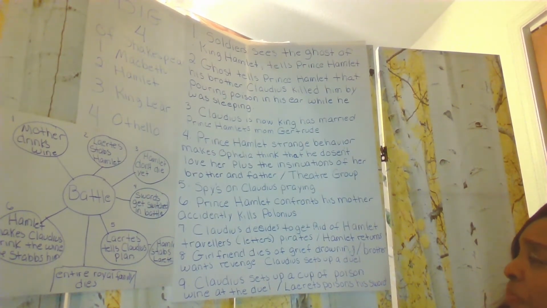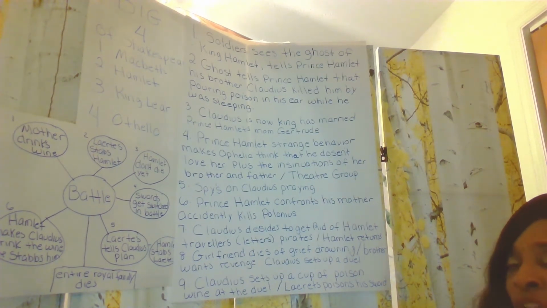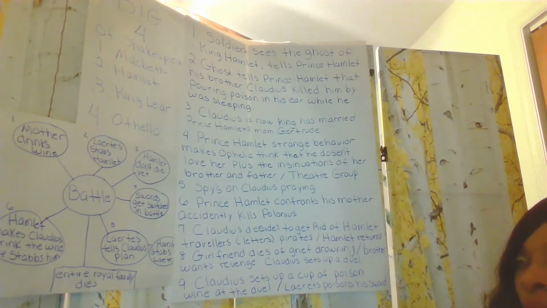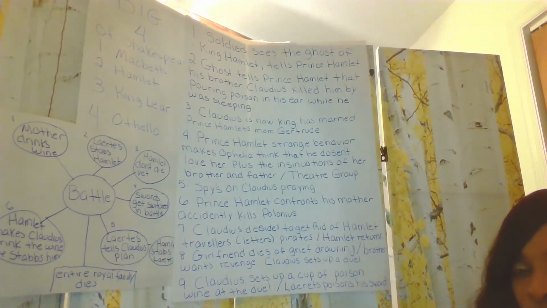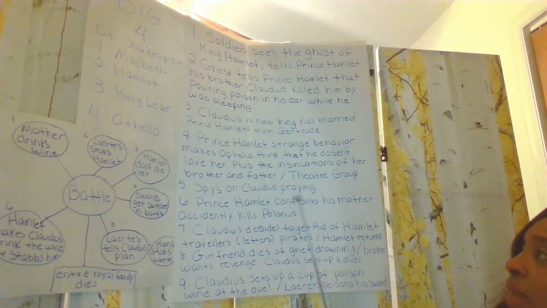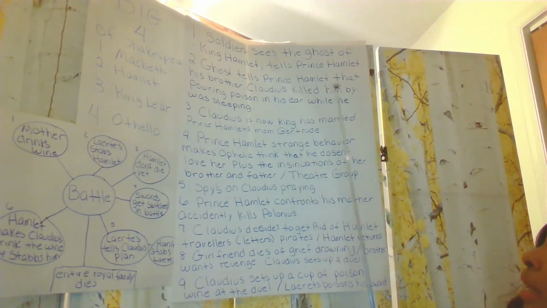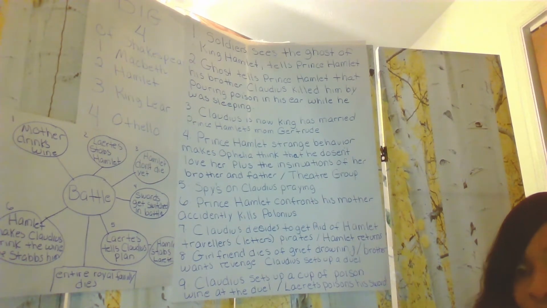And Prince Hamlet watches the reaction of Claudius, and Claudius is, of course, upset, and he reacts to that. He leaves. As a result of that, this is confirmation that what the ghost has told Prince Hamlet is actually true, that the king was actually killed by his brother.